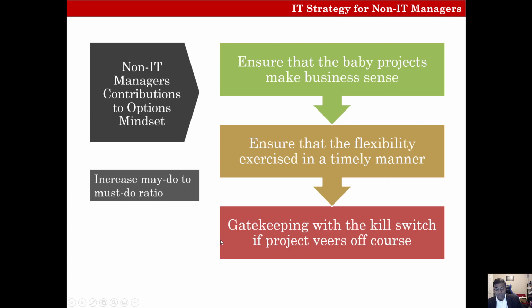And a good way of doing this options thinking is to increase the ratio of may-do to must-do stages in the IT projects. Besides capping losses in high-risk IT projects, it discourages over-engineering that actually increases IT complexity.